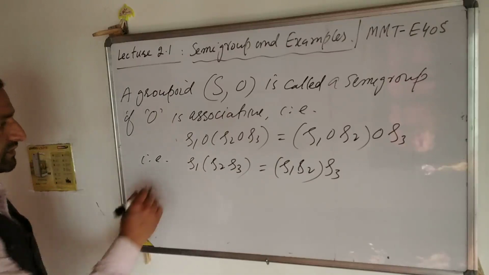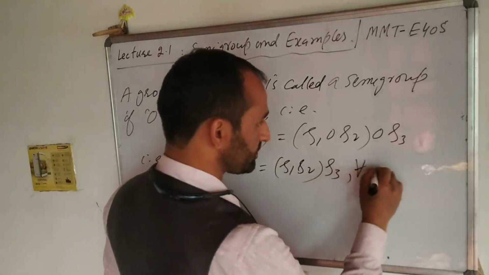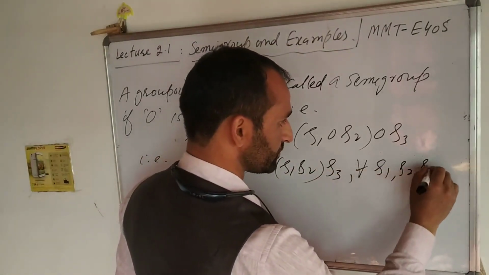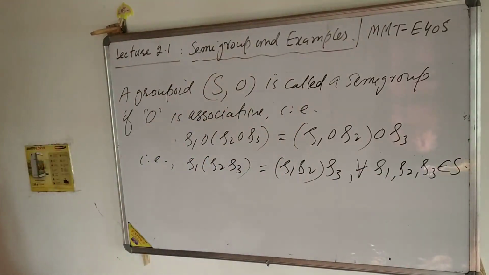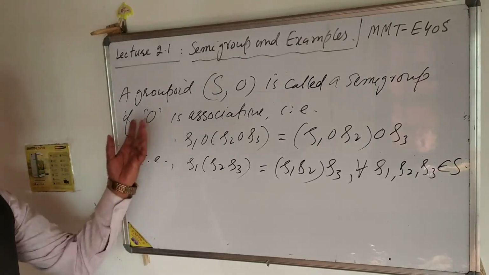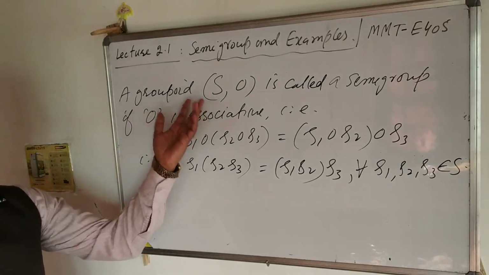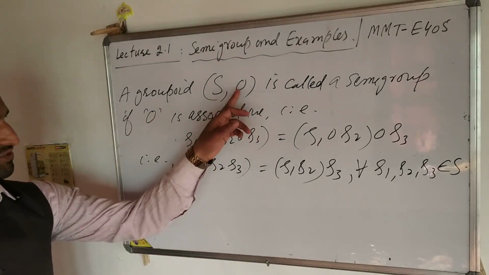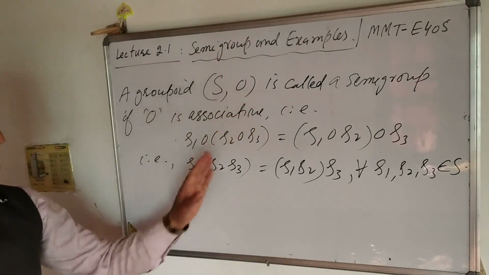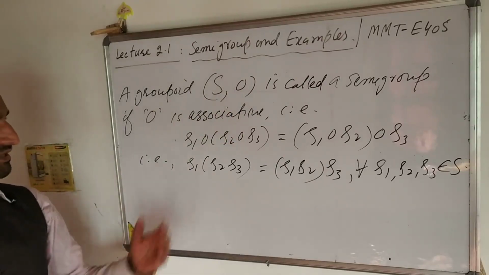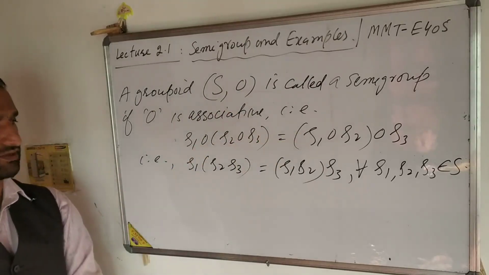This is true for all elements s1, s2, s3 belonging to S. So we call a groupoid a semigroup if the binary operation on S is associative, that is, if it satisfies this property.